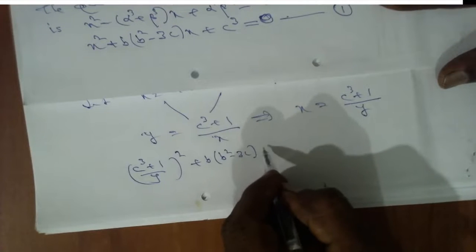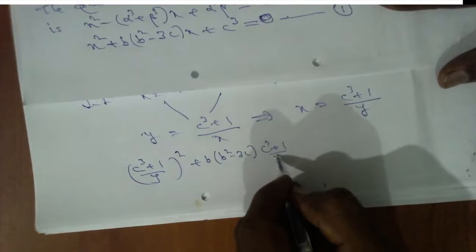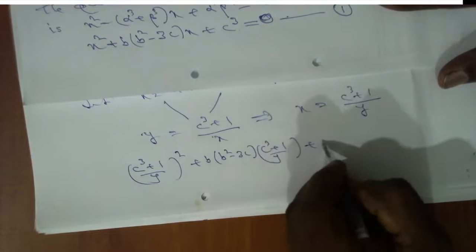So if you substitute in that equation, you have: c cube plus 1 over y whole thing squared plus b times b squared minus 3c times c cube plus 1 over y plus c cube equals 0.